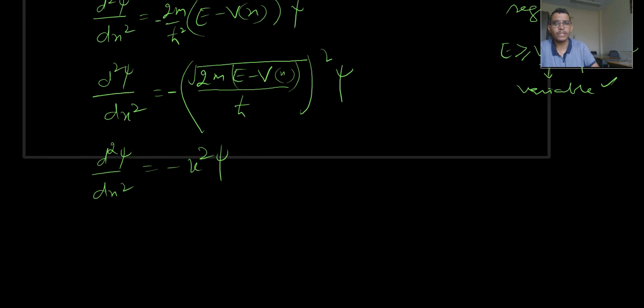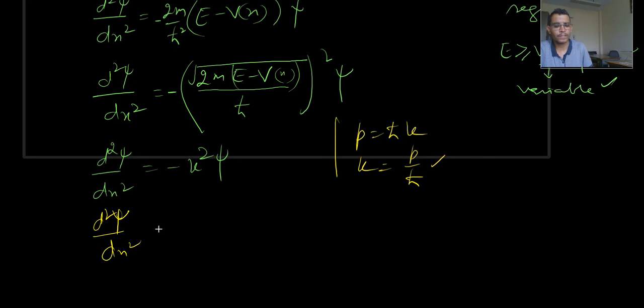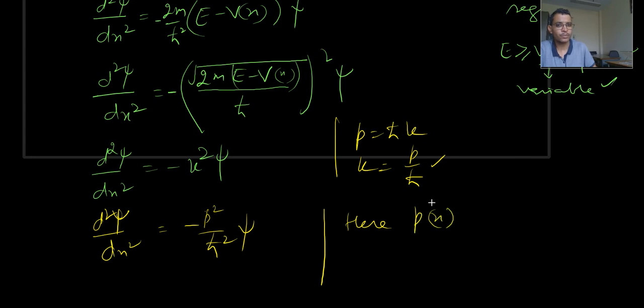Let me recall one more thing. As we know, p is equal to h cross k, so k can be written as p over h cross. So d square psi over dx square can be written as minus p square over h cross square psi. Here p is also a function of x, so p(x) can be written as the square root of 2m(E minus V(x)).